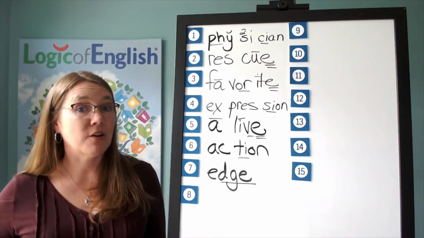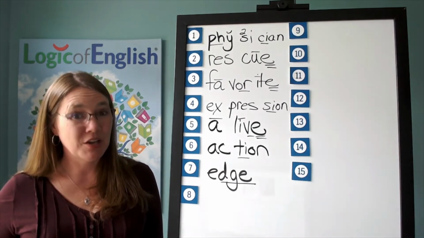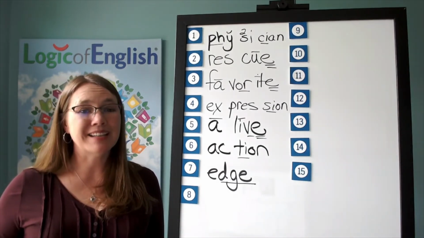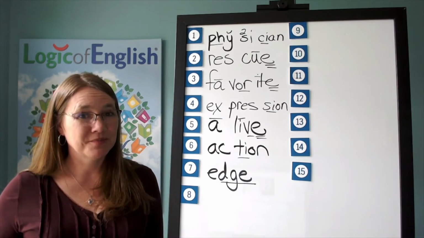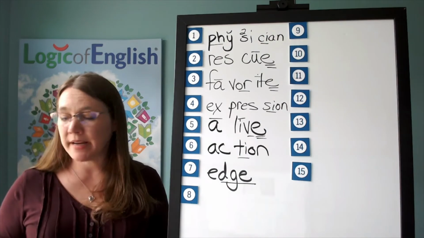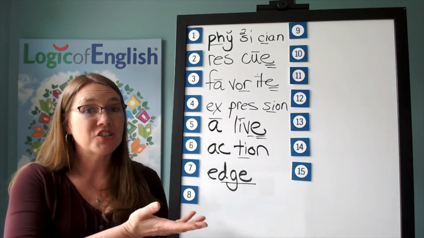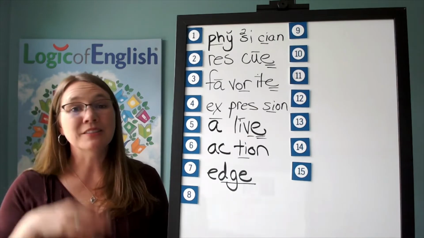The next word is official. The president made an official visit. Official. Go ahead and say official. How many syllables? 3. We will say to spell off, fi, shall. What will we say to spell?